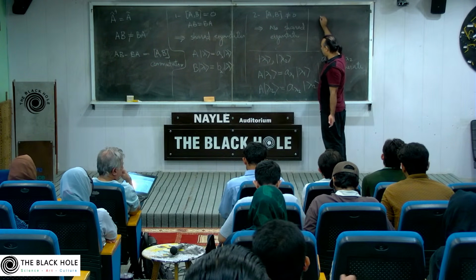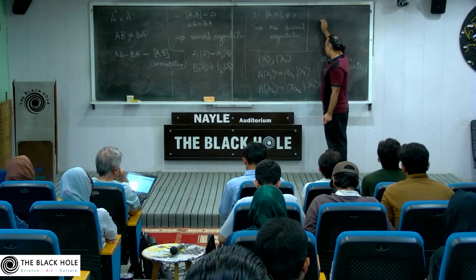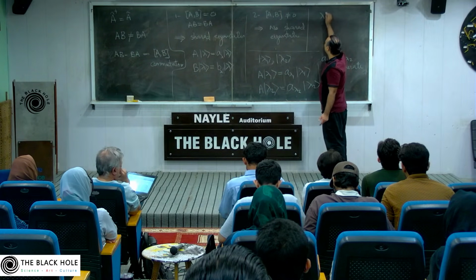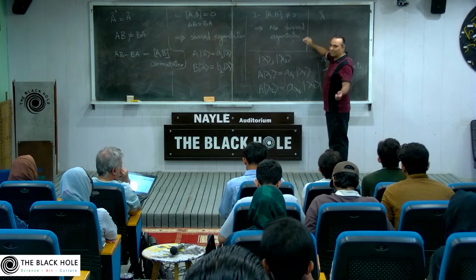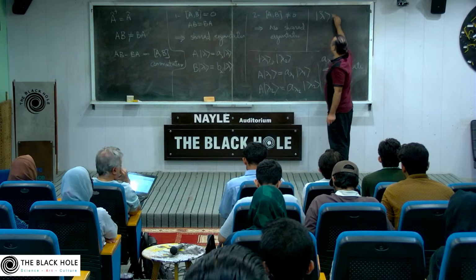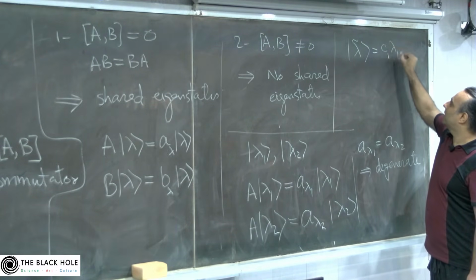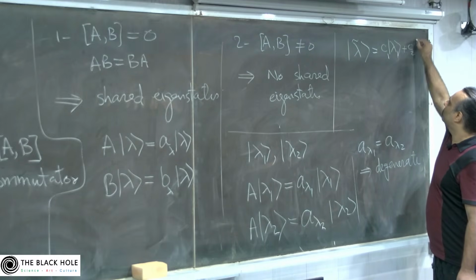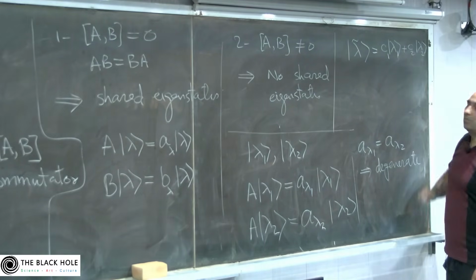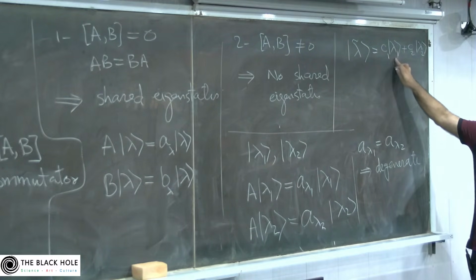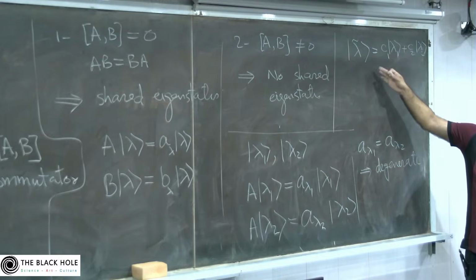So let's call it lambda tilde. Yeah, so this is a specific linear combination: C1 times lambda 1 plus C2 times lambda 2. So we can use these as a basis.